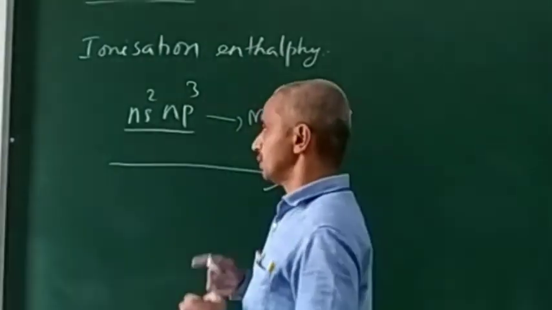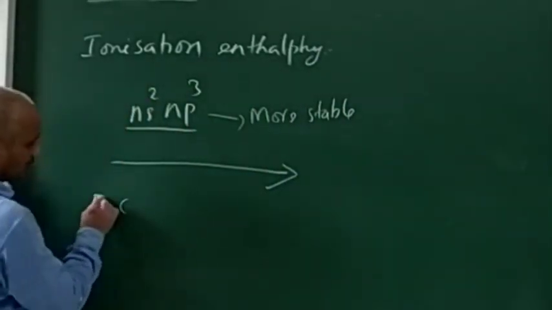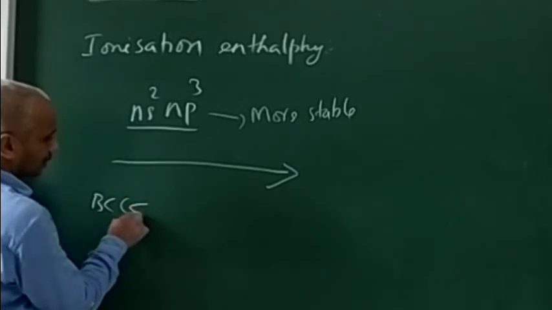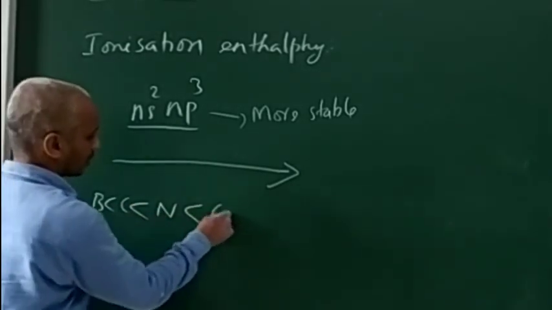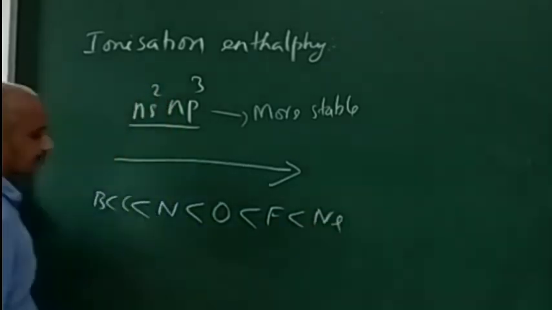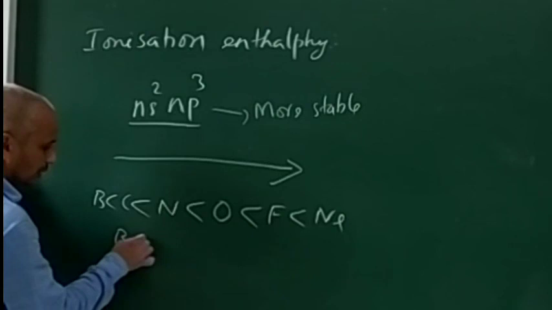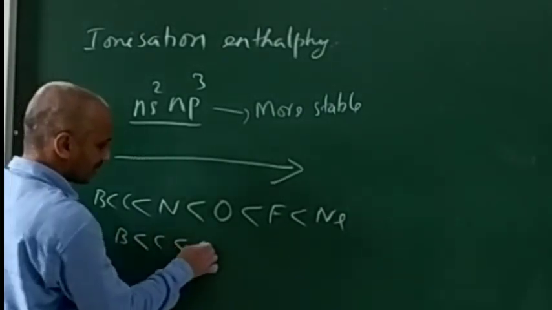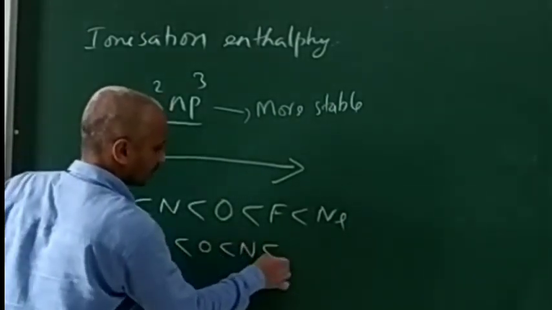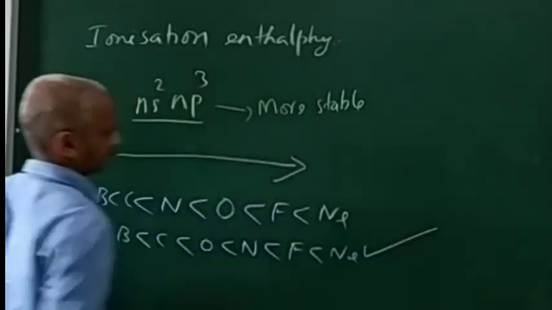With that factor, I should have had boron less than carbon, less than nitrogen, less than oxygen, less than fluorine, less than neon. But this order will not be there. Boron less than carbon, less than oxygen, less than nitrogen, less than fluorine, less than neon will be the correct order.